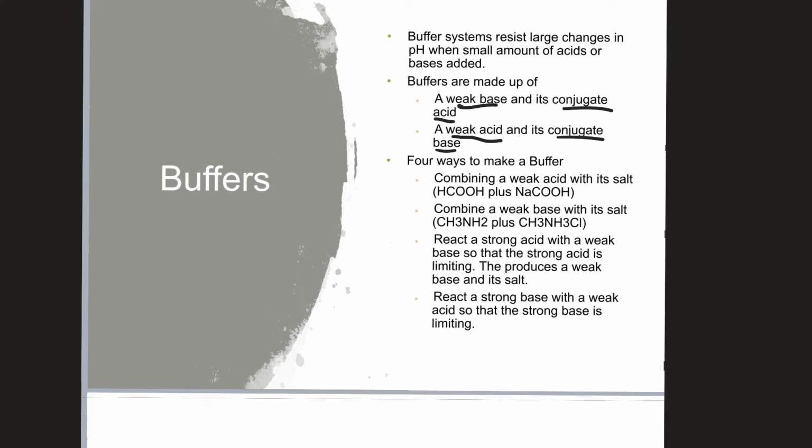A good biological example is your blood. Your blood is a buffer system. It resists pH changes to a certain extent. So that's the big thing about buffers.